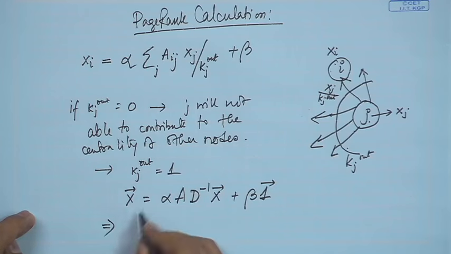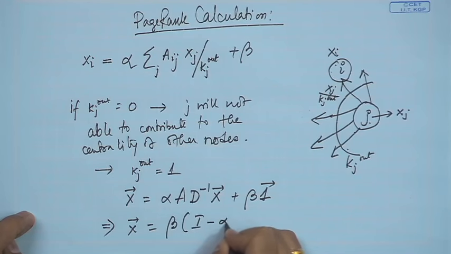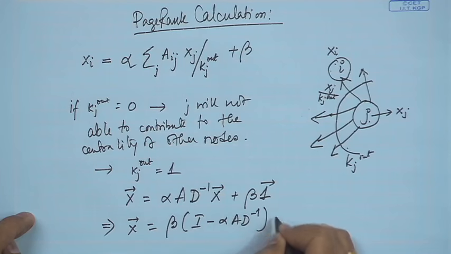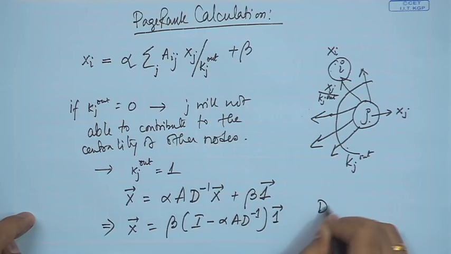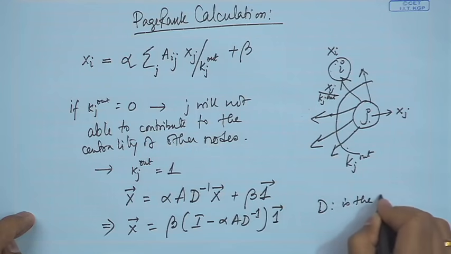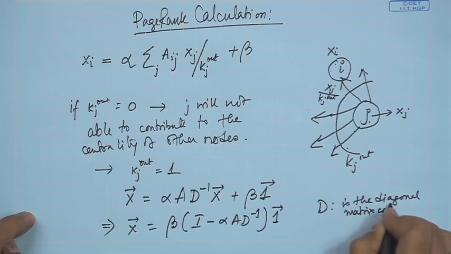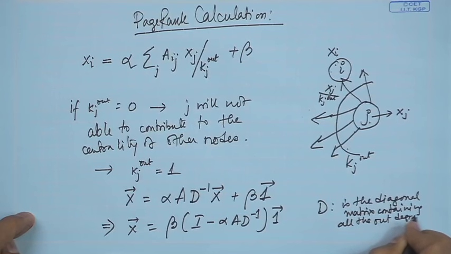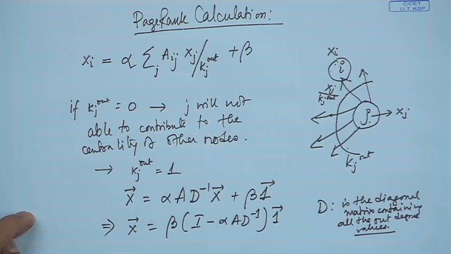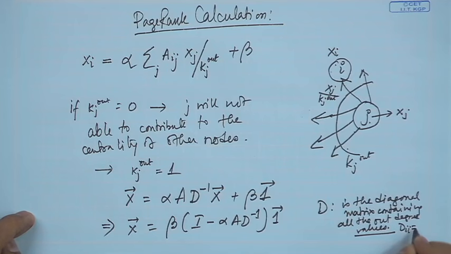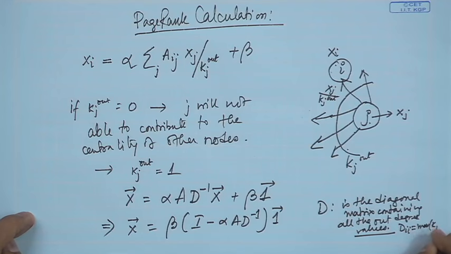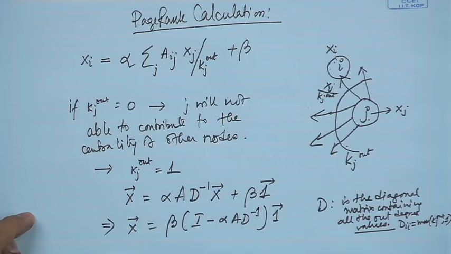Now, we can again express the vector x as the subject of the formula, and this will give us x equals beta times the inverse of (I minus alpha A D inverse) times 1, where D is the diagonal matrix containing all the out degree values, and dii is nothing but the max of kj out and 1. If kj out is 0, then it is set to 1.